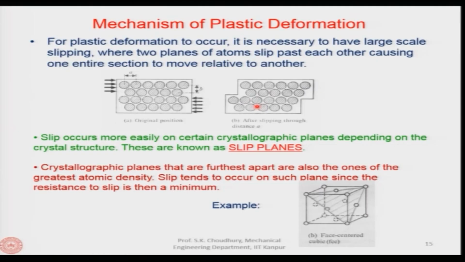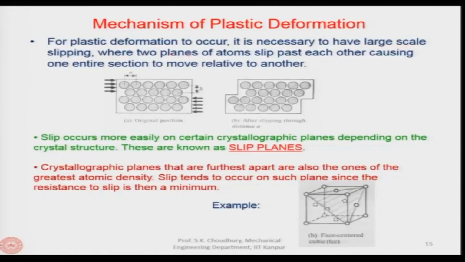If the forces are high enough, these layers, after being moved, will remain in their new position. That we call a permanent movement, or plastic deformation in one word. Slip means the movement of one layer with respect to another layer.